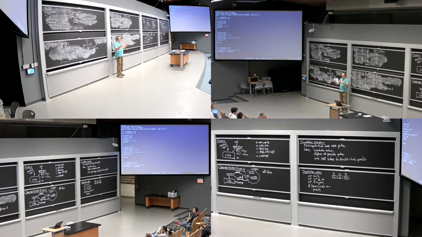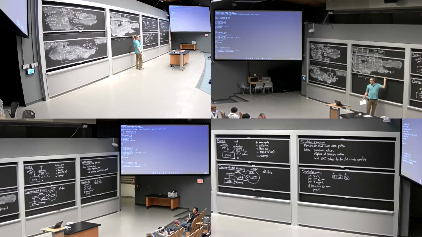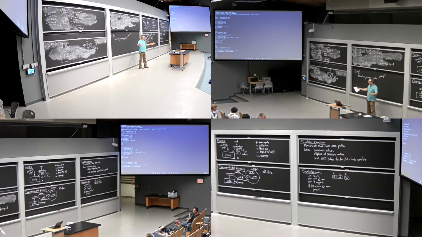So if we want to merge these states, the symbolic value of X is going to be: if alpha is less than or equal to beta, then it's alpha plus 1; otherwise, it's beta. That's going to be the symbolic expression of what X is. That's the downside of merging, which is that you get much more complicated symbolic expressions for the values of variables that diverge on the two paths.